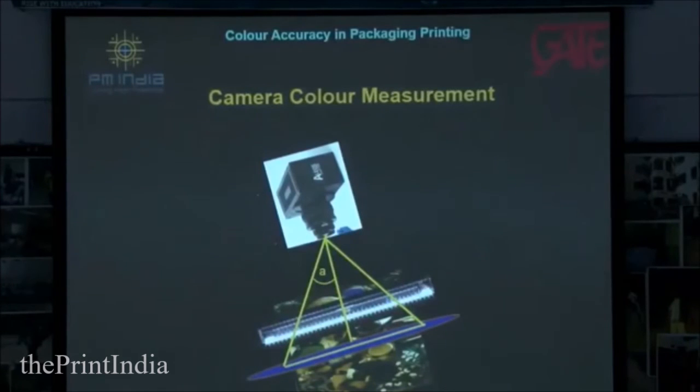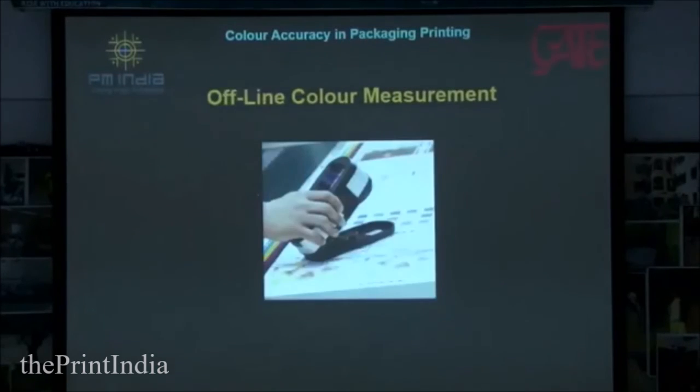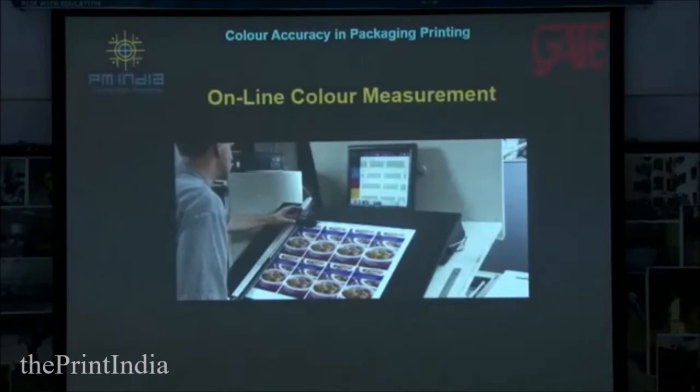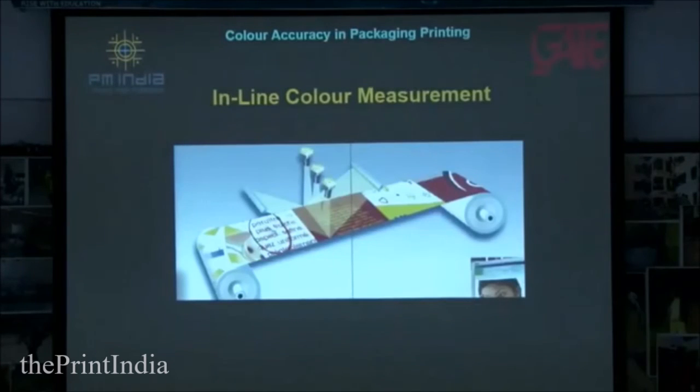That is also becoming common now. Offline color measurement: you take the sheet, measure it. Online color measurement: this is on the machine when you measure and you can send a signal to the machine for ink zone adjustment. And there is inline color measurement, so that as soon as it is measured, automatically the signal will go for the ink setting, and the color is corrected.